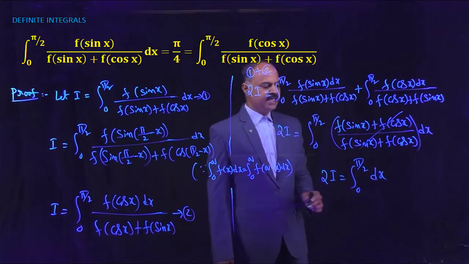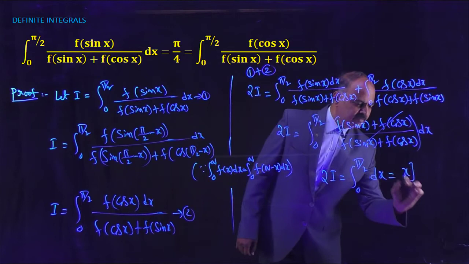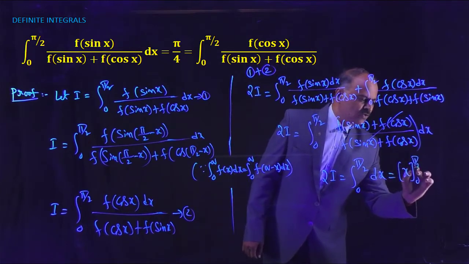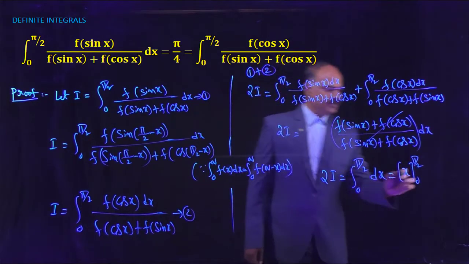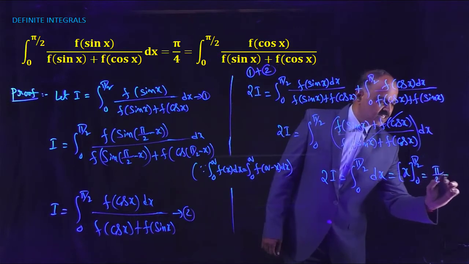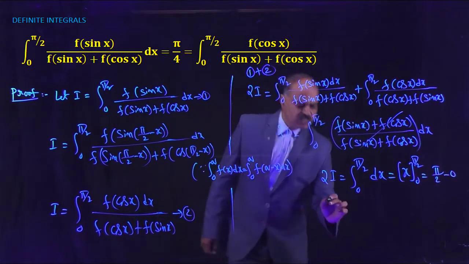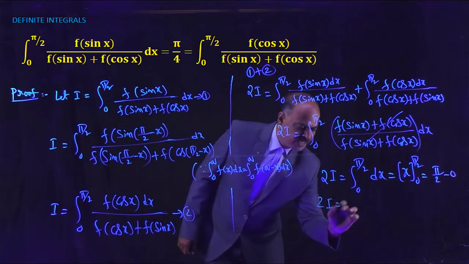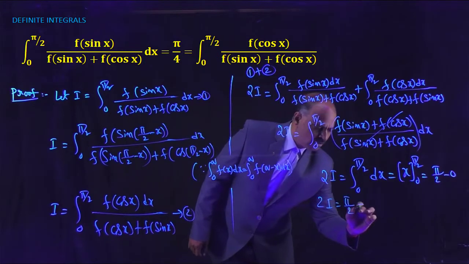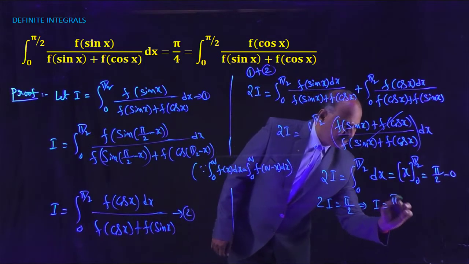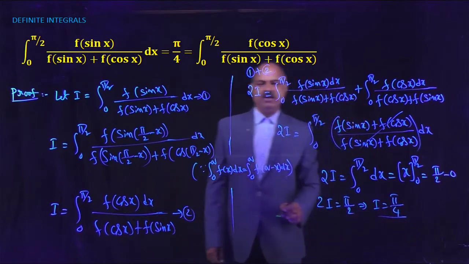We know that integral dx equals x, here with limits 0 to pi by 2. Substitute the upper limit in place of x minus the lower limit in place of x, that is pi by 2 minus 0. So therefore 2I is equal to pi by 2, so I is equal to pi by 4.